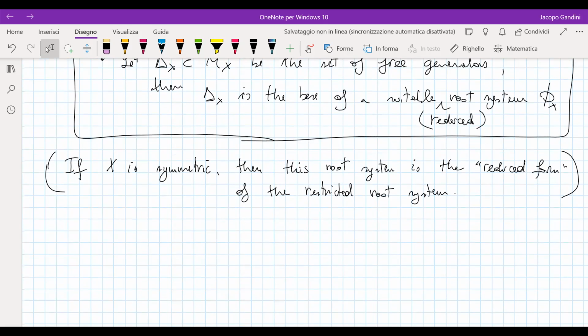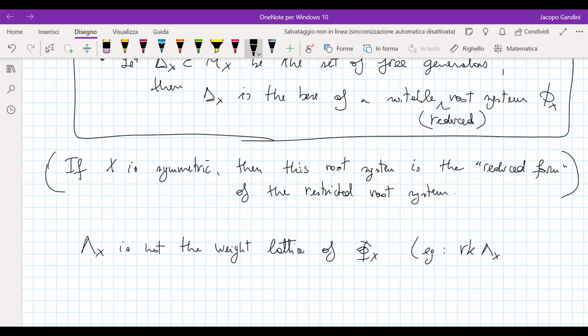Again, we have lambda_X as before. This is not the weight lattice of phi_X, because for instance the rank of lambda_X might be bigger than the rank of phi_X. So it's not the weight lattice in the sense of root systems, but it is the weight lattice in the sense of root data, because we still have a pairing. We have co-roots.